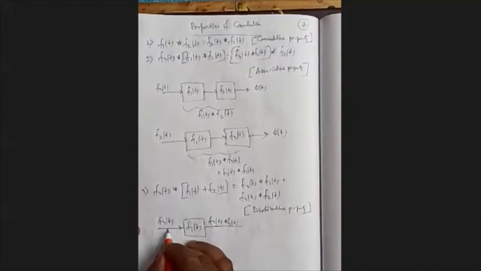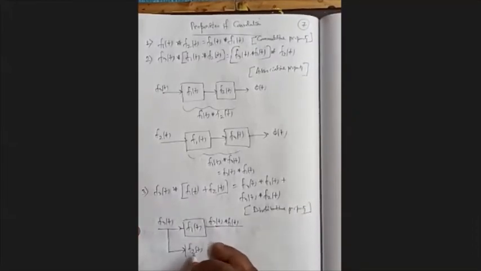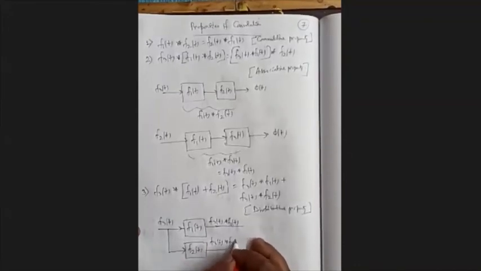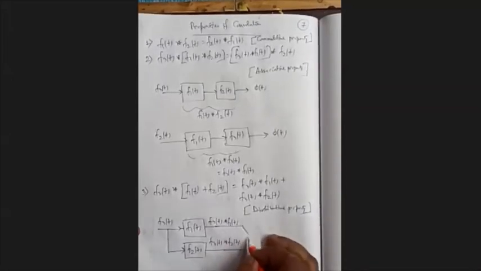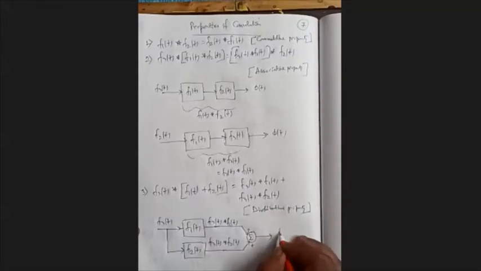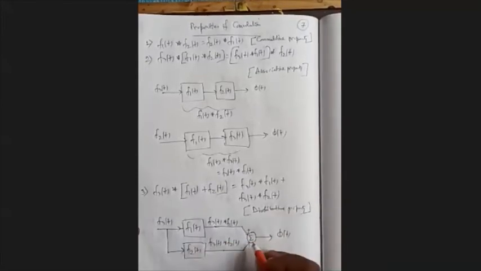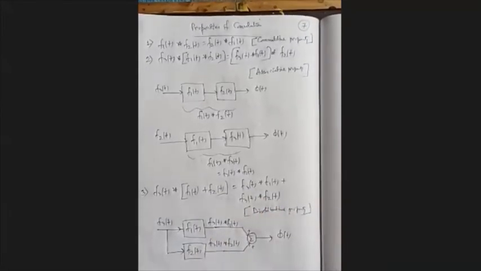And the same thing is applied to f2(t). So the result is f3(t) convolution with f2(t). So what is it when we add them, plus and plus? When we add them, our result is some phi(t). That is the addition of this.